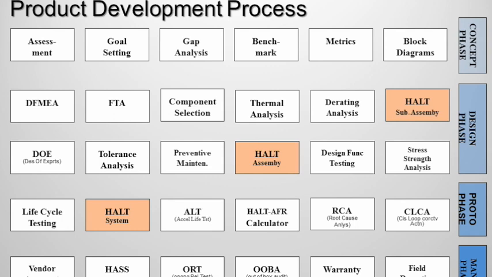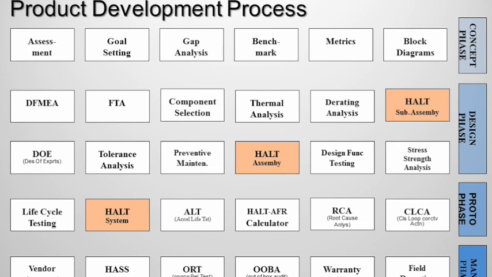So these are some spots where HALT testing can be inserted. And you can see it's in here multiple times. In the design phase, there might be an opportunity to do HALT testing on a subassembly, so a small component. Typically, you will have people believe that they have to have a complete system to do HALT testing.